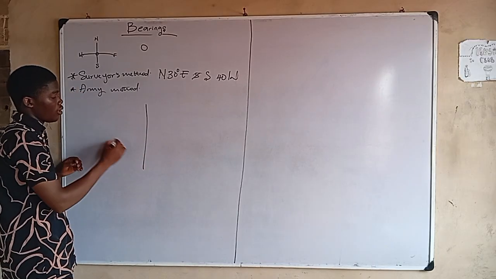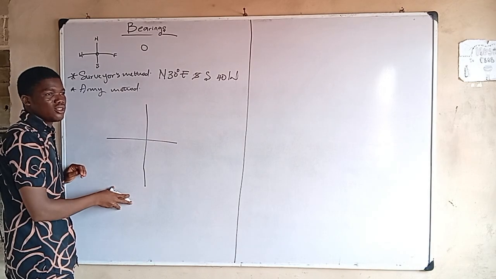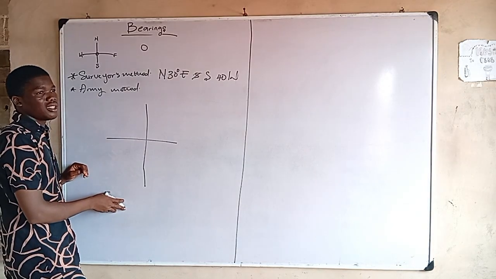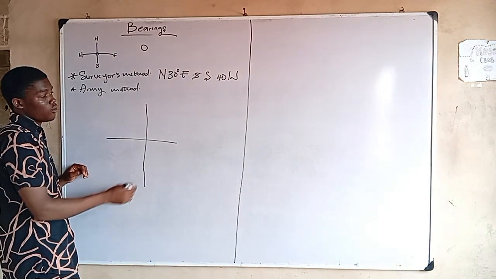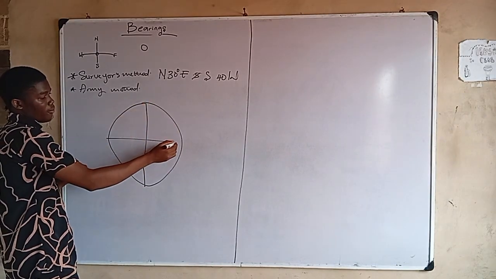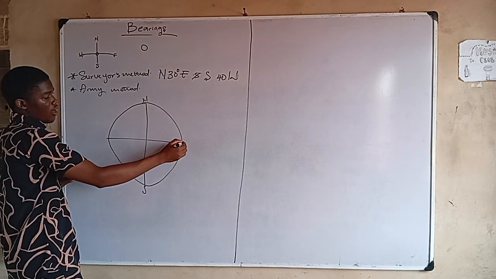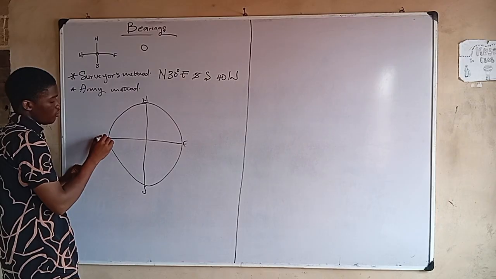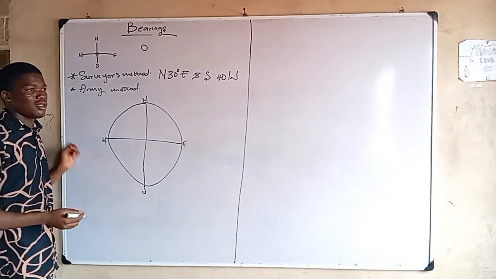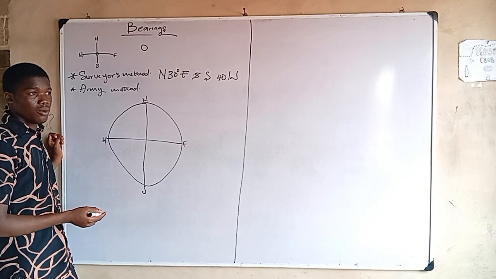You just need to draw your cardinal points, and thank God, as a student, you should know your cardinal points. They are just four quadrants of a circle. When you divide a circle into four parts, you have your N, your S, your E, and your W. Why I brought this up is so you can understand why an angle is 30, why it is 40, why it's 150 and why it's 160.